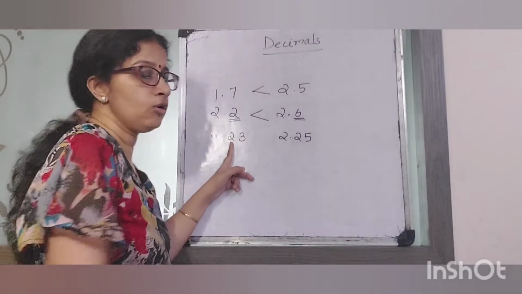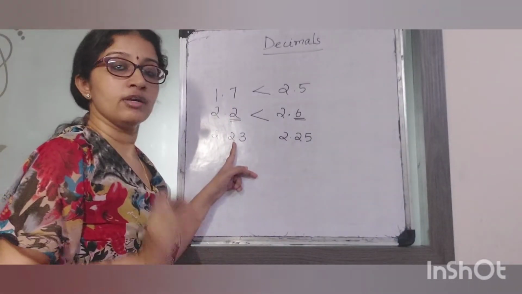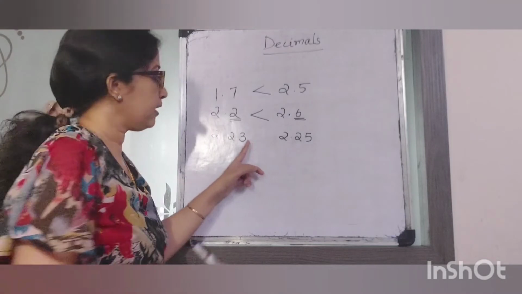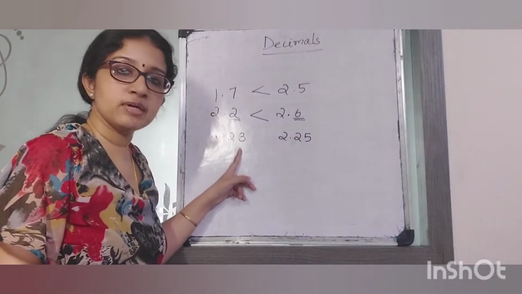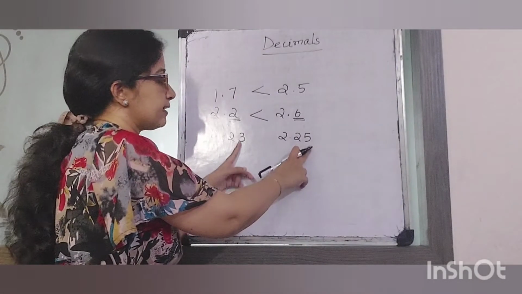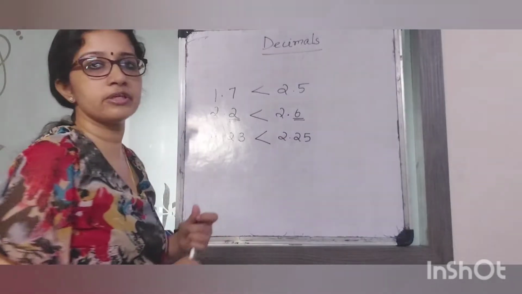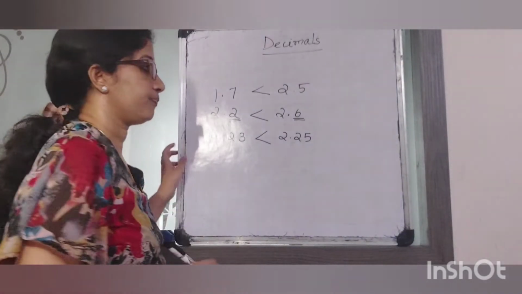Here it is 2. Here also it is 2. So again we cannot conclude. Now what should we do? Go to the next number to the right hand side. So next number is 3 here. Here it is 5. So which one is greater? 5 is greater than 3. So 2.25 is greater than 2.23. Clear with it? Okay.